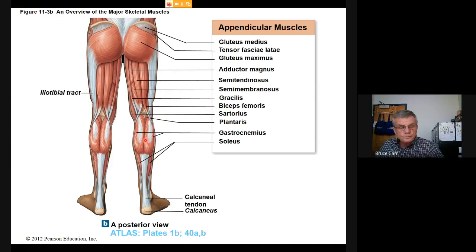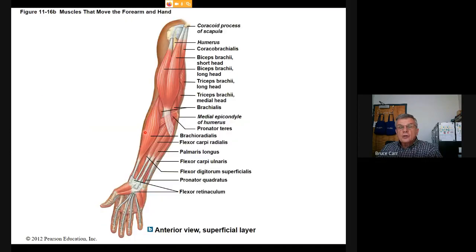So those four figures that we've just covered are a good sampling of these superficial muscles, and you should be able to identify these major muscles by name and position. After that introduction, we're going to be looking at a sequence of specific muscles.